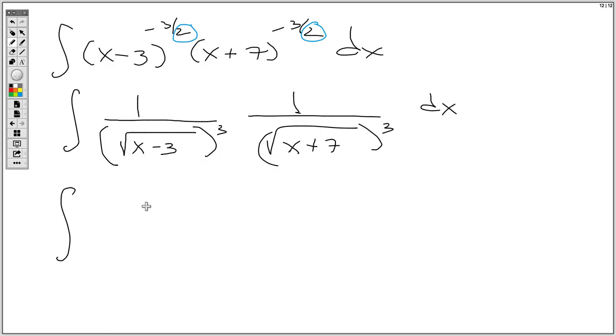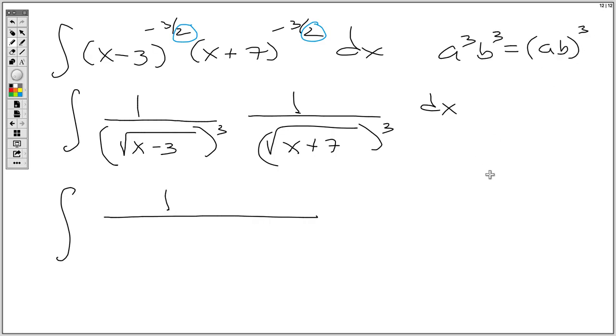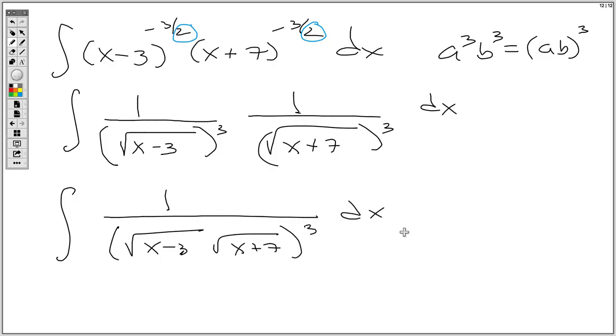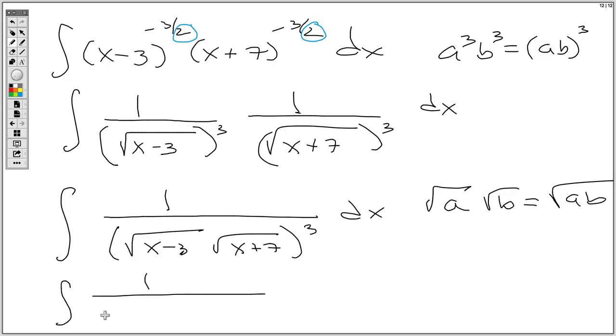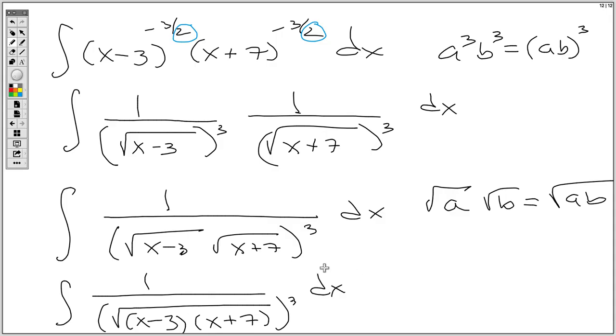So properties of exponents tell us that if we've got a cubed times b cubed, that's the same as a times b cubed. And properties of radicals, which are once again just fractional exponents, tell us the square root of a times the square root of b is the square root of ab. So if we put all of that together, we can get to that.